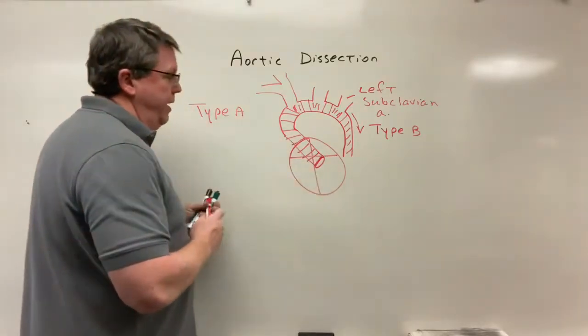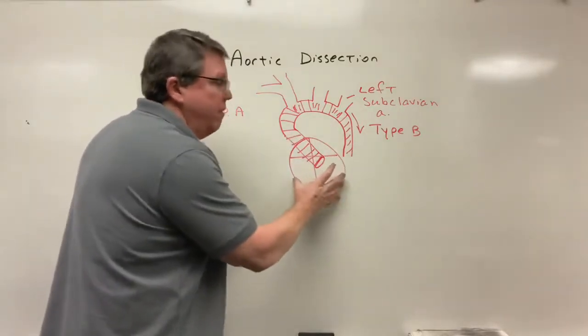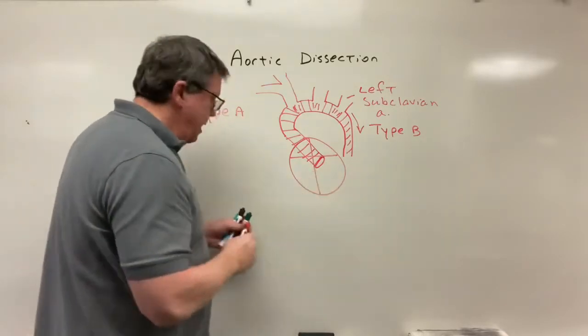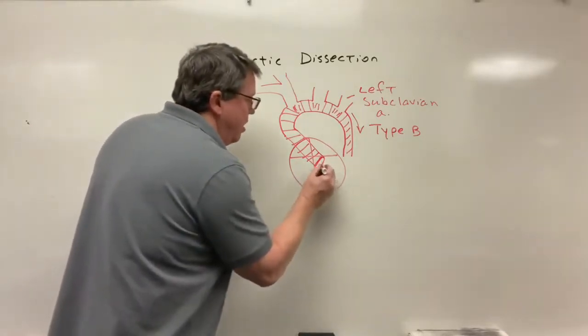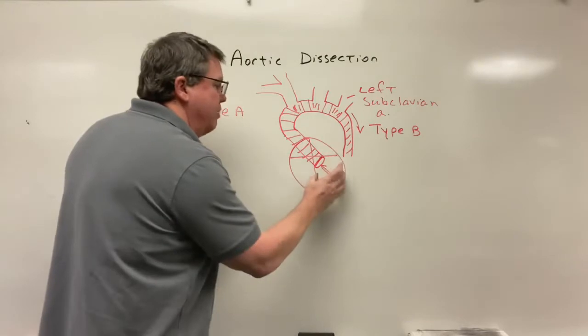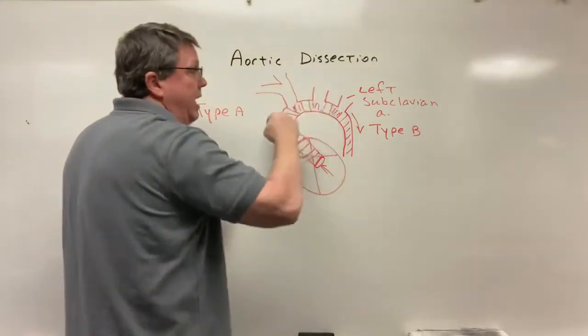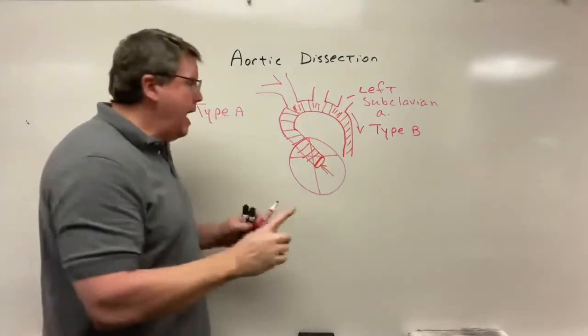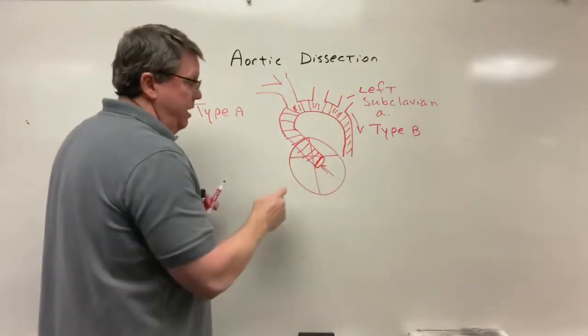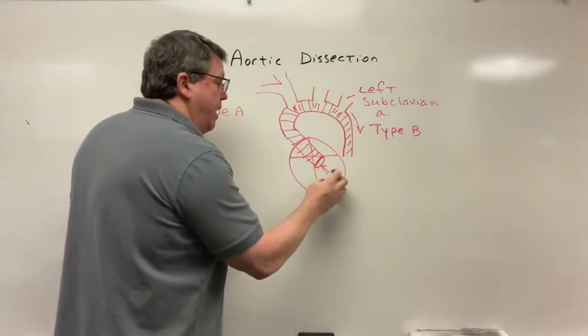The reason for this is that the left ventricle has to pump hard enough to get blood all the way up into the brain as well as throughout the body. So it has to pump with a lot of force.